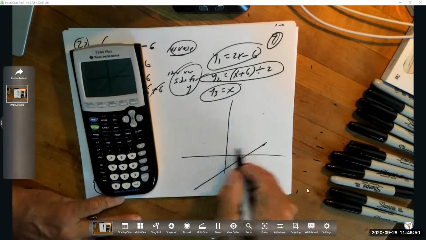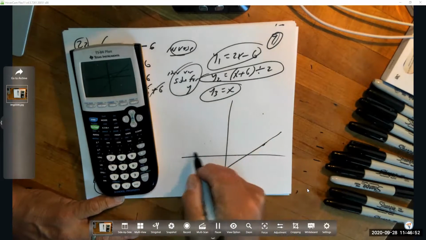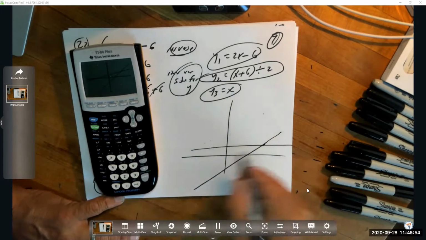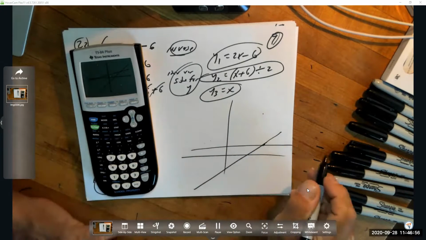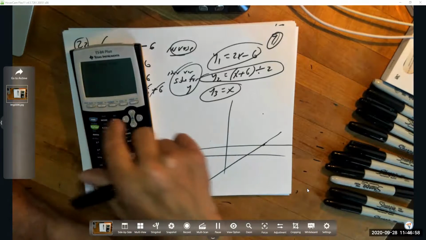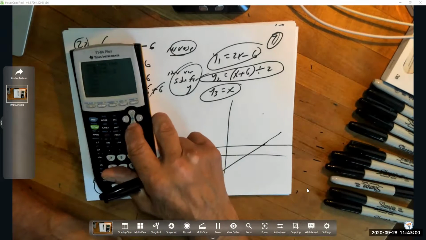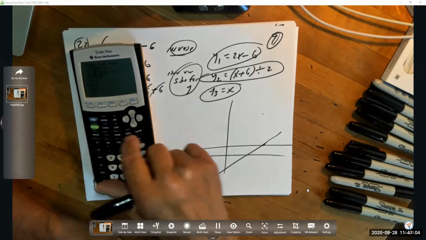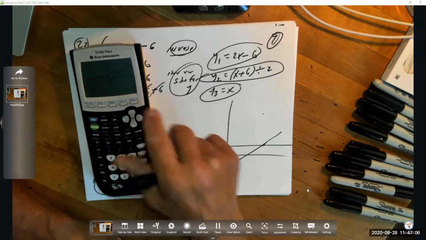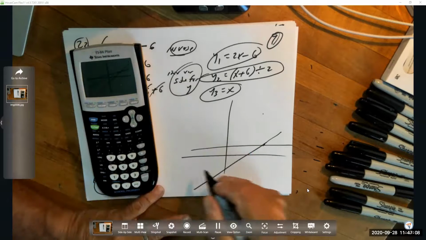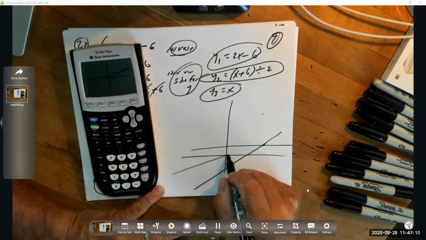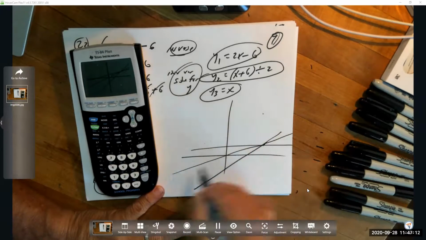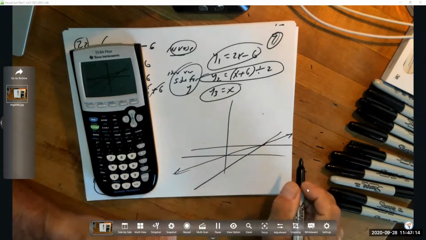Okay, so this one goes this way, that one goes that way. And then the last graph, just a regular x, and I'm gonna hit graph. Right in the middle. So the other line cuts it in the middle and keeps going. Does that make sense?